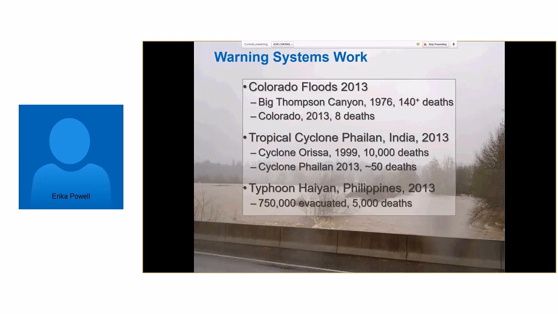And although 5,000 people died from Typhoon Haiyan in the Philippines in 2013, warning systems were able to effectively evacuate 750,000 people. So these are really good examples that flood warning systems can work, and you can have a tremendous return on the investment for their implementation.